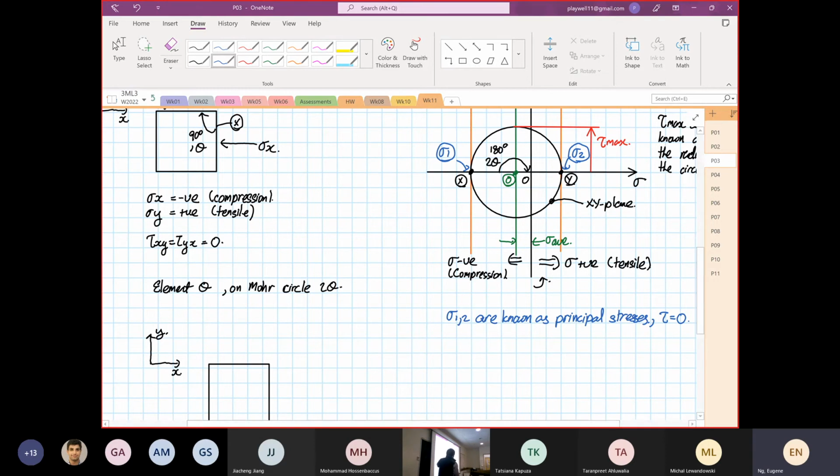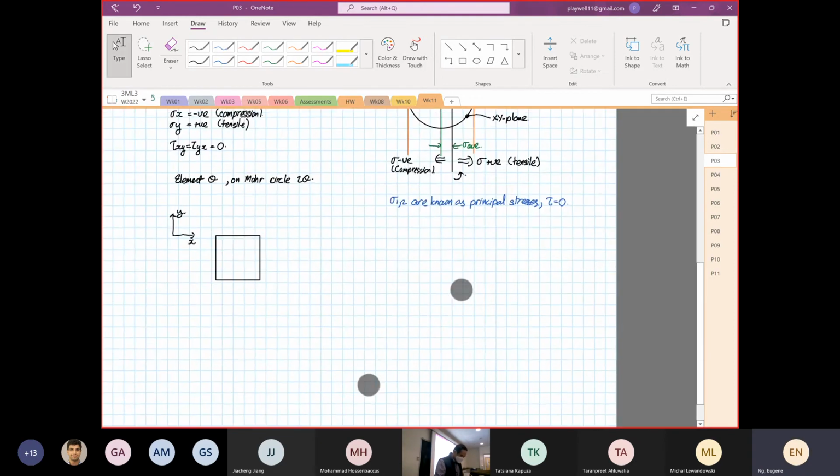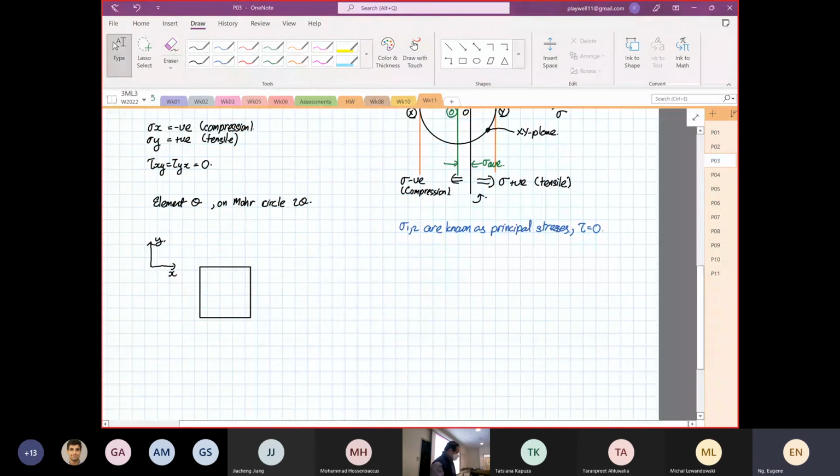Right? You can see stress 1, stress 2, the shear stresses are equal to what? 0. Okay, so that is enough of normal stress. I think you can relate the normal stress to Mohr circle now, okay?